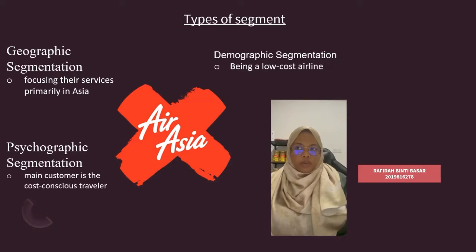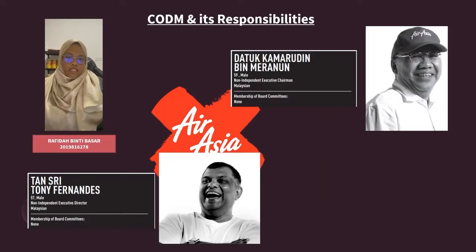What I can say is that AirAsia is currently the low-cost airline that most people love to use for travel. Then next is psychographic segmentation, in which the main customer is the conscious traveler.